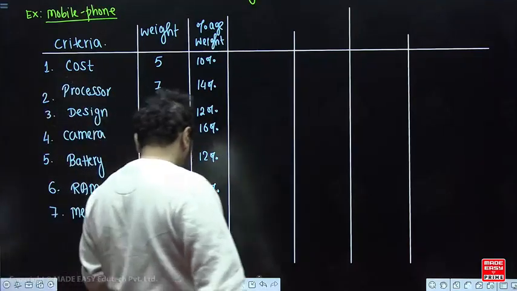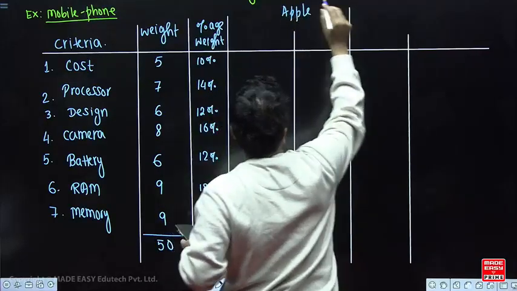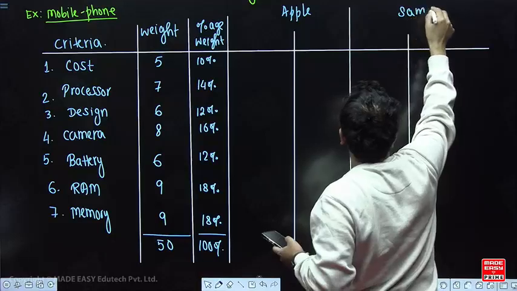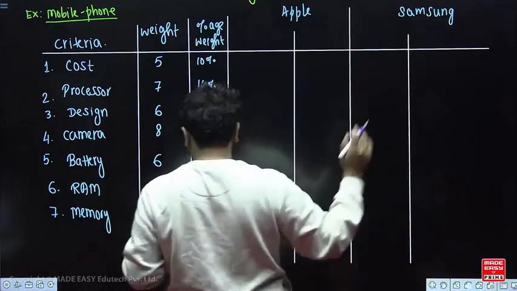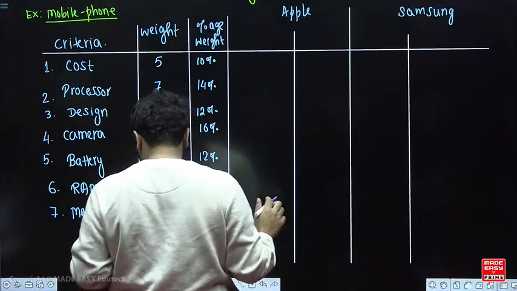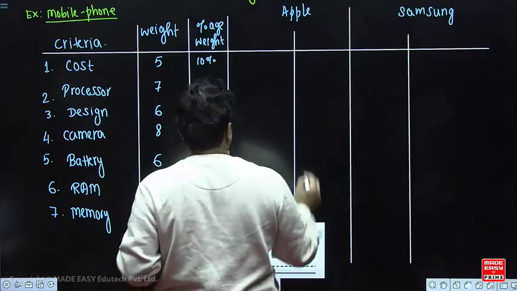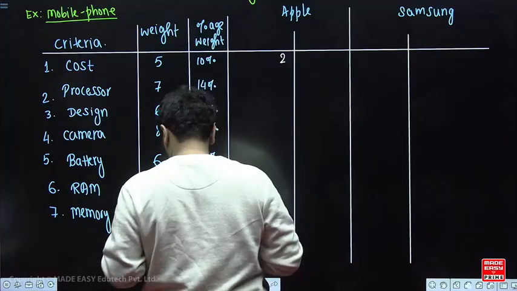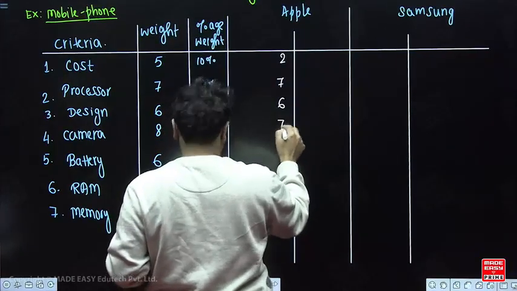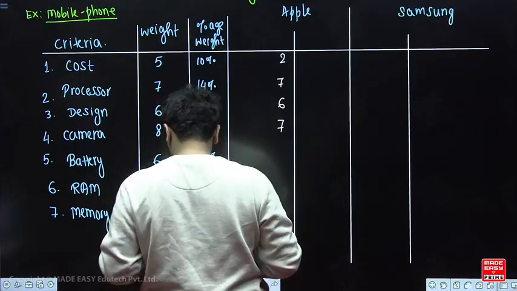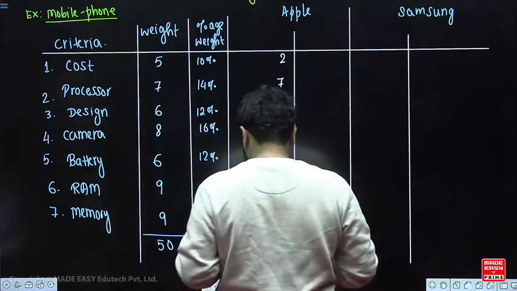Now let us consider two phones, Apple and Samsung. You can take multiple phones, it is not important that you take only two. For Apple, let us say the cost is very high, so I give it a 2, then 7, 6, 7, 6, 9, 8.